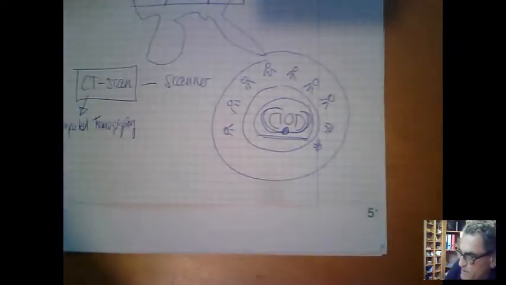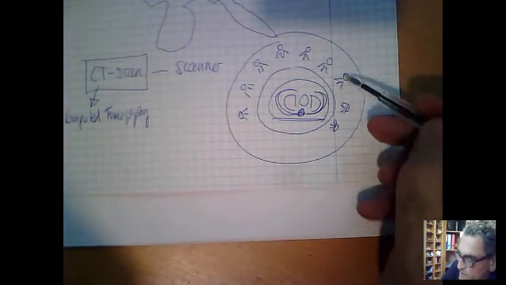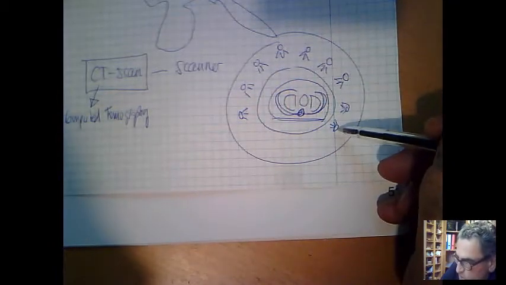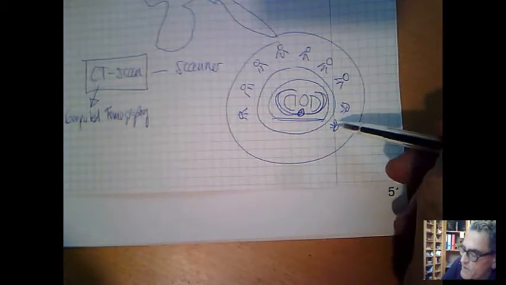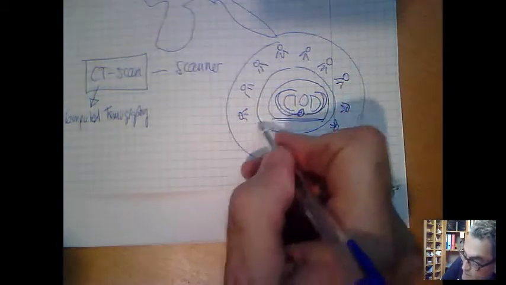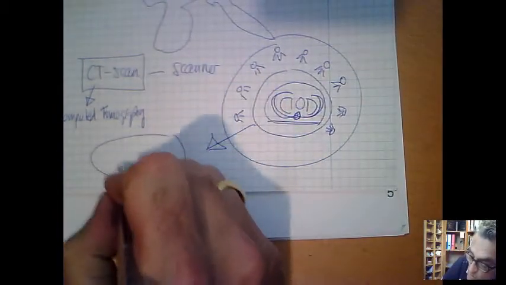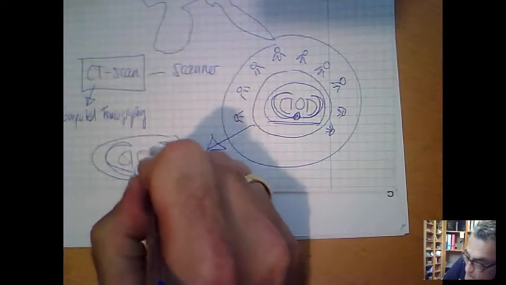I'm not sure. Okay. And then all these images are linked together by a computer which is able to tell, based on the position of some element on one image with respect to where it is on the other image, and then this computer is able to give you the image of the body as it is.